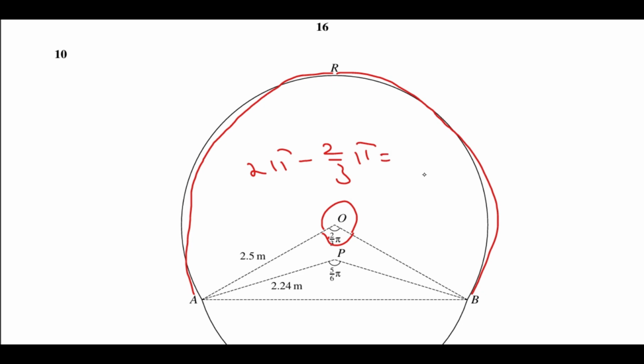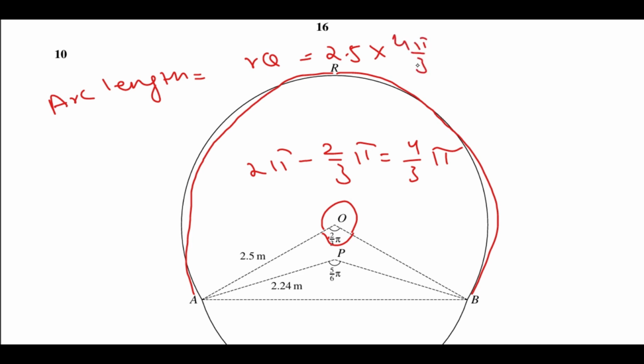It will give us 4 over 3 pi. So we have to calculate the arc length. Arc length will equal r theta, and the radius is 2.5 multiplied by the angle 4 pi by 3.